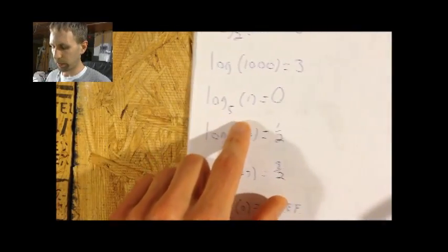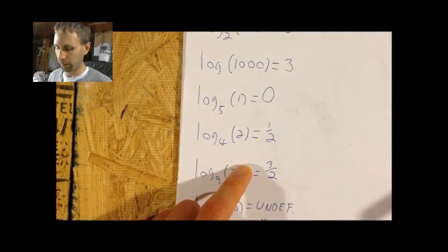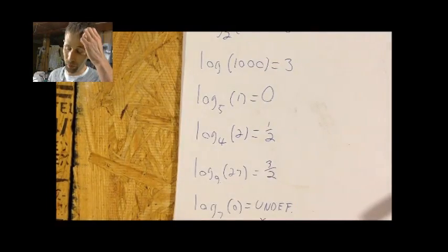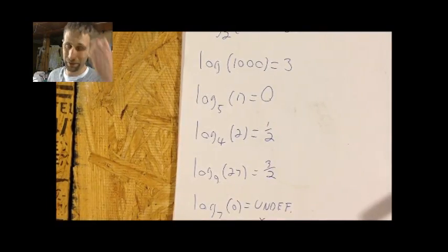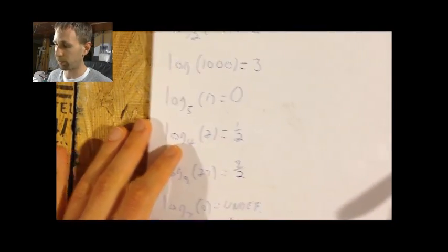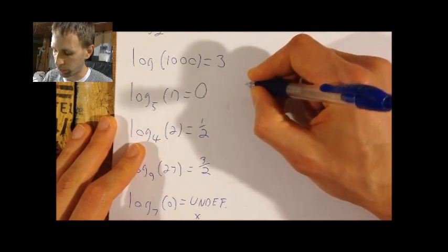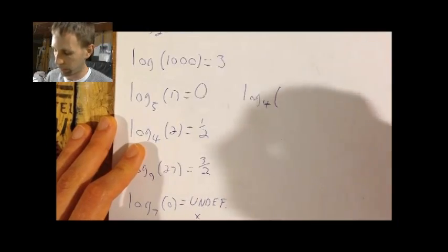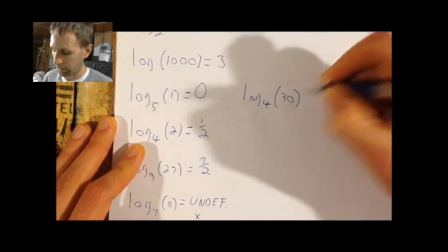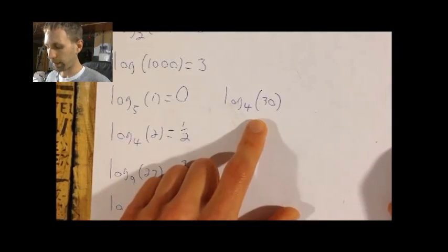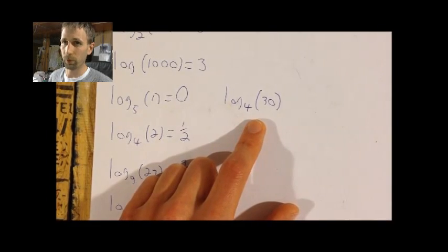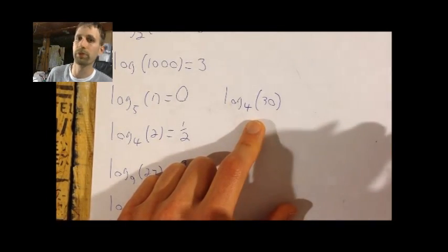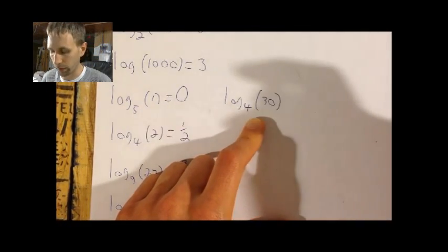Okay, so now these are really just things that we can put into our calculators and figure out. If they're not whole numbers, you still have to understand the concept of what's going on. For example, if you were to see log base 4 of, let's say, 30, you would have to recognize this as the power that 4 would need to be raised to in order to give you 30.